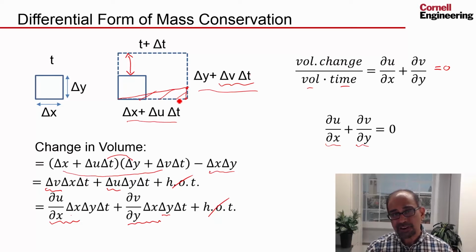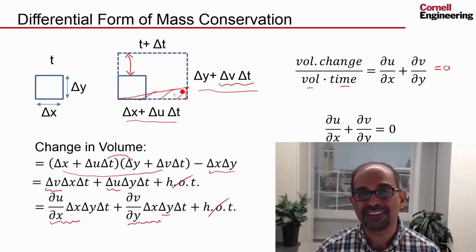It turns out that's a second order effect, and in the limit as delta x, delta y tend to 0 and delta t tends to 0, that effect drops out, and the volume change is purely due to stretching or shrinking.